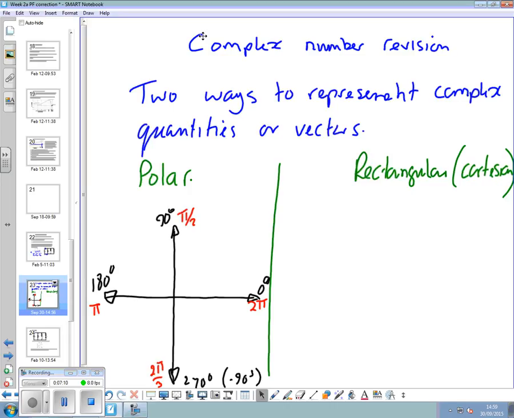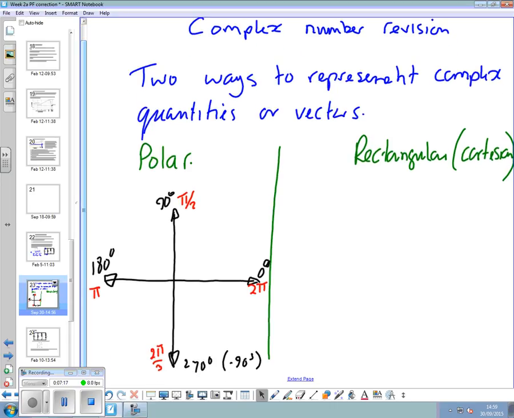So that's polar. And then we represent a vector or a quantity by its magnitude and angle, the length of the line and the angle.